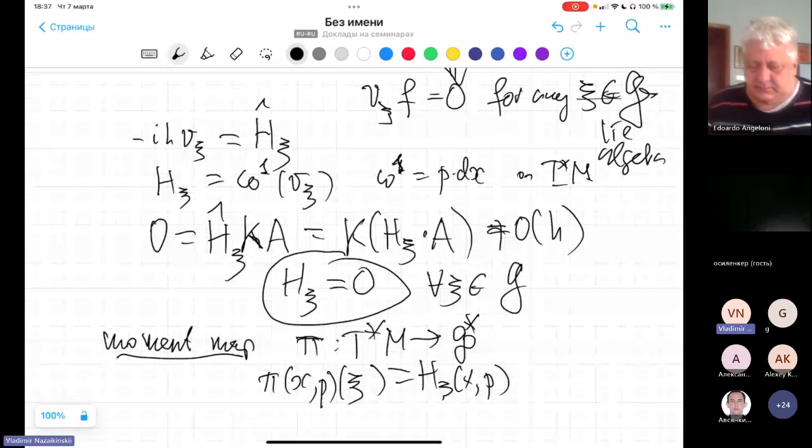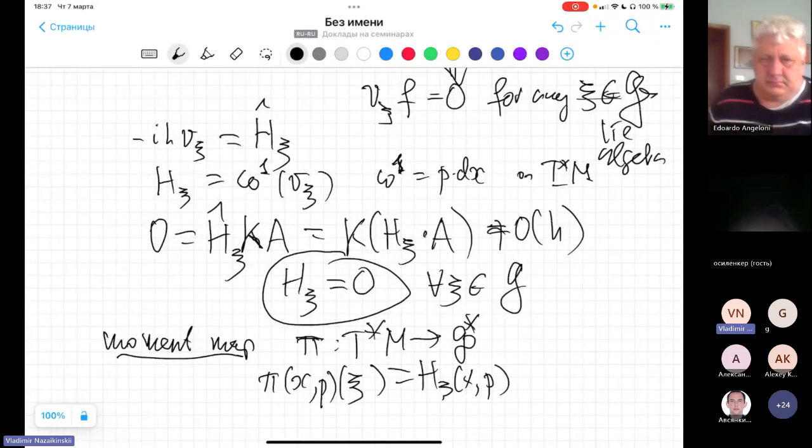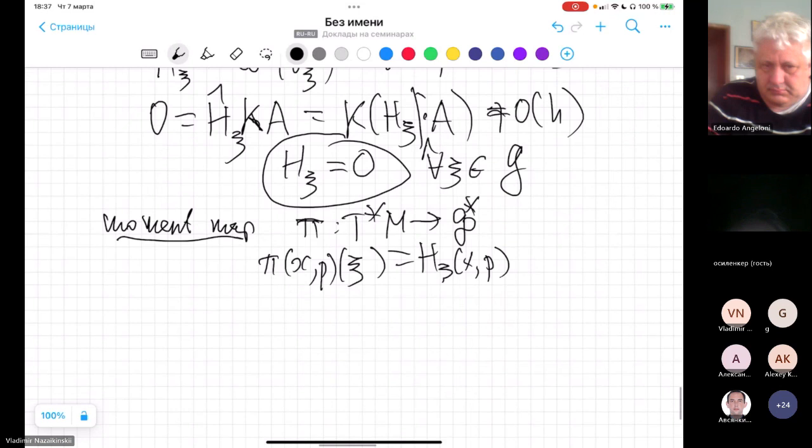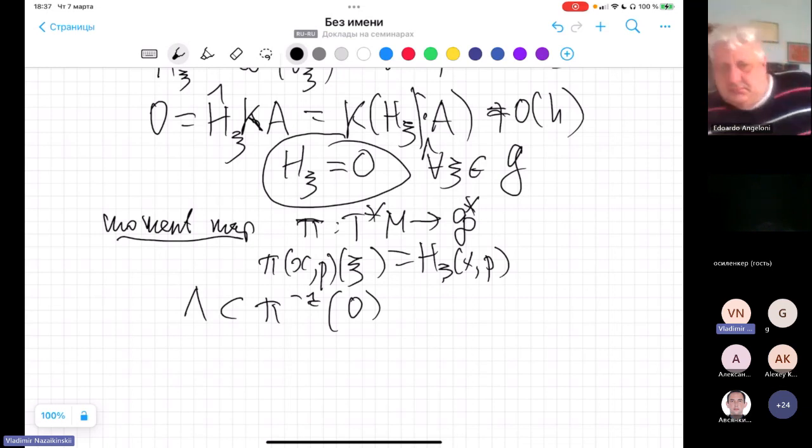Well, so this requirement that h psi be 0 on our manifold lambda for each psi in G is equivalent to the requirement that our manifold lambda lies in the preimage of 0 under the moment map.